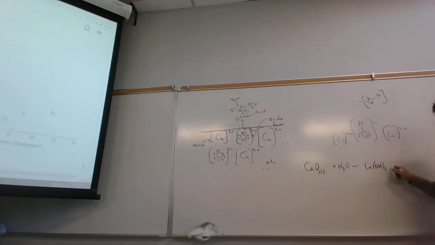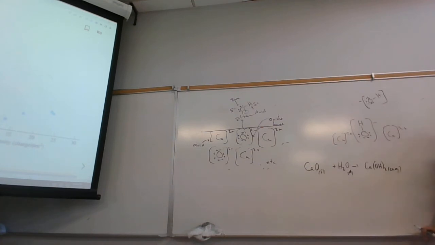Actually, I don't like that necessarily. Calcium hydroxide: hydroxides are all soluble, or no, hydroxides are all insoluble, right? Except for which ones? Except for calcium, strontium, barium, group 1, ammonium, right? And so this is going to be aqueous, so this should dissolve.